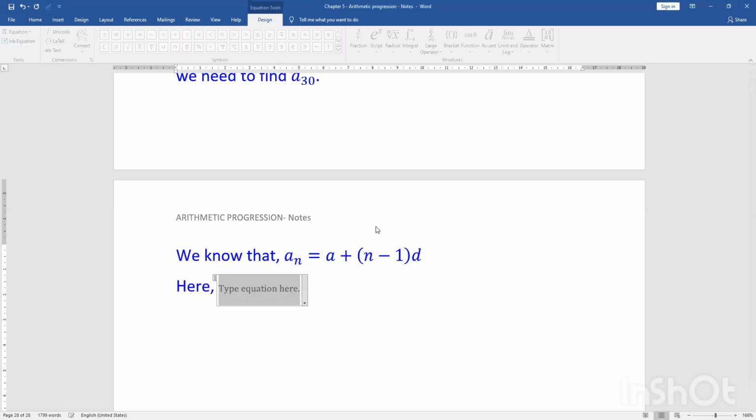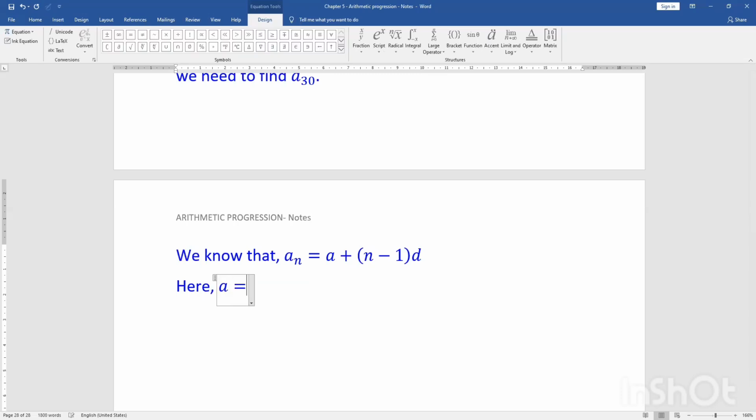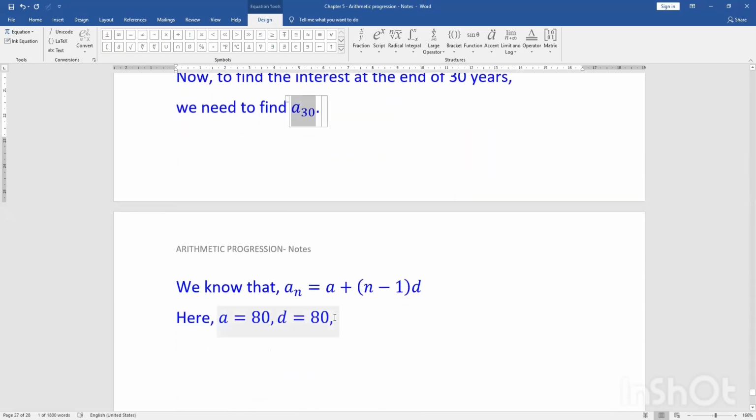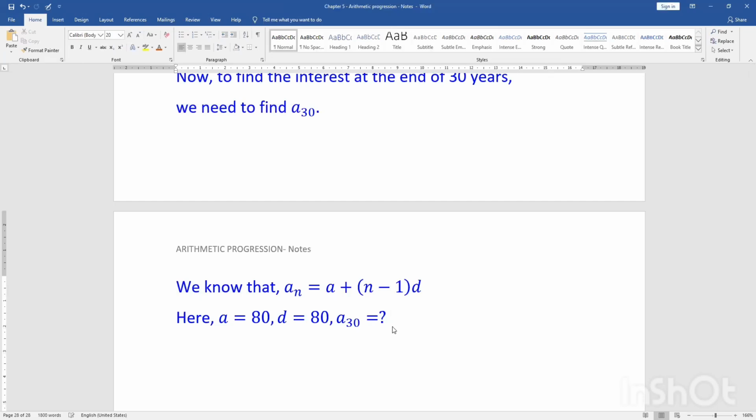We have a equal to 80, we have d equal to 80, and then we have A30. Do you know the value of A30? We don't know. Let's just give a question mark.